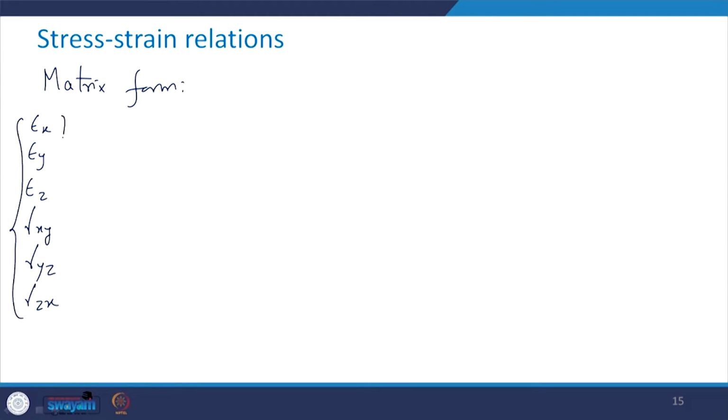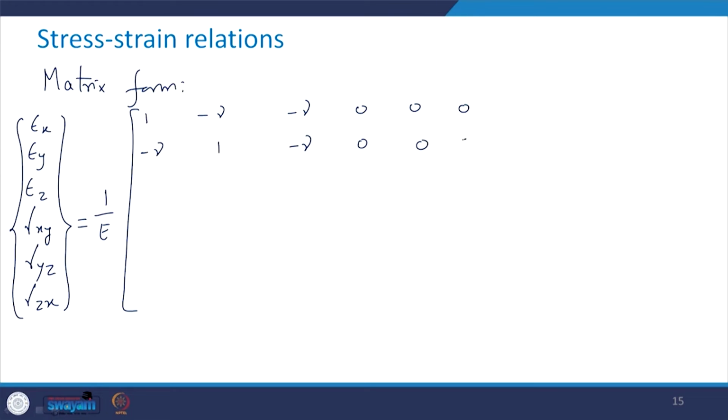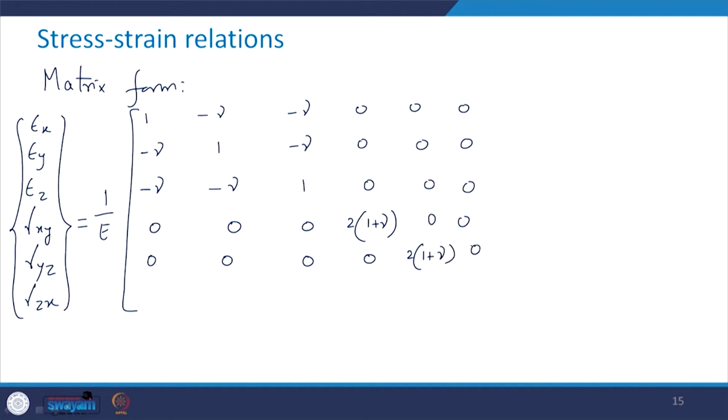That is the strain vector that we have, and then this is going to be equal to 1 upon E, and then I will have this matrix: 1, minus nu, minus nu, 0, 0, 0; minus nu, 1, minus nu, 0, 0, 0; minus nu, minus nu, 1, 0, 0, 0; then 0, 0, 0, 2 into 1 plus nu, 0, 0; then 0, 0, 0, 0, 2 into 1 plus nu, 0; and the last row where the last element is 2 into 1 plus nu.